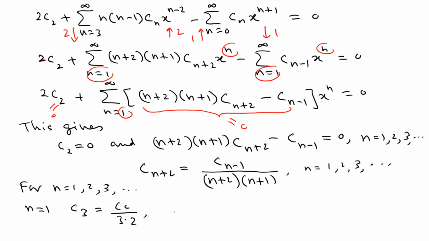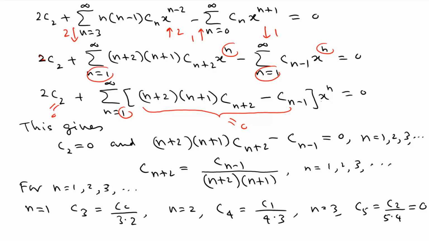Then for n equals 2 we get c4, which is c1 over 4 times 3. And then for n equals 3 we get c5, which is equal to c2 over 5 times 4, but we know that c2 equals 0, that means this is 0.